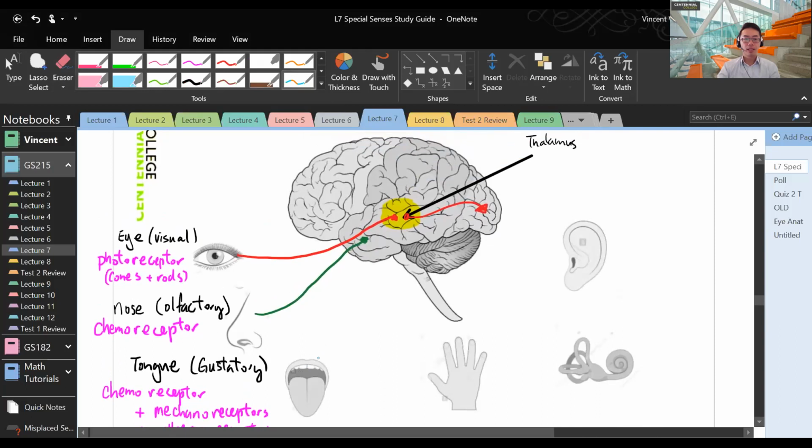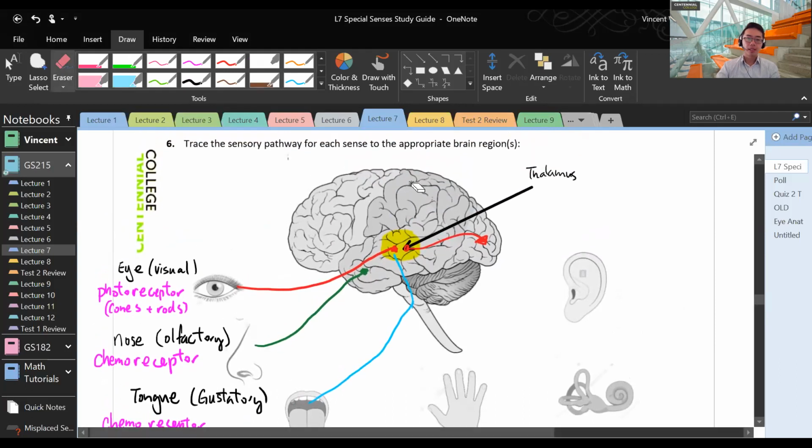Over here, the tongue is going to go through the midbrain, and then it's going to go up to the thalamus. The aspect that relates to temperature, texture, and pain, all that stuff, is going to go up to over here.